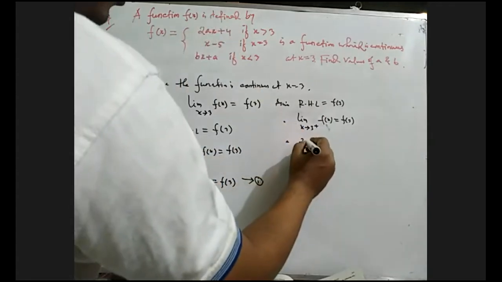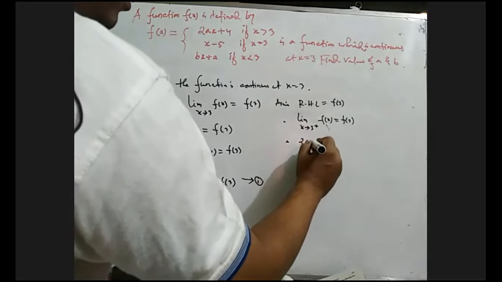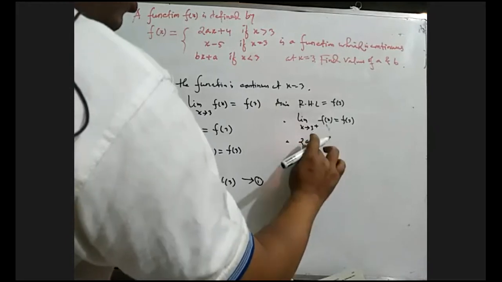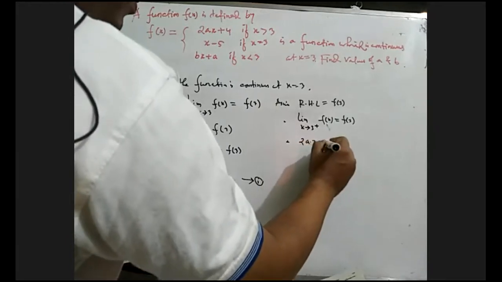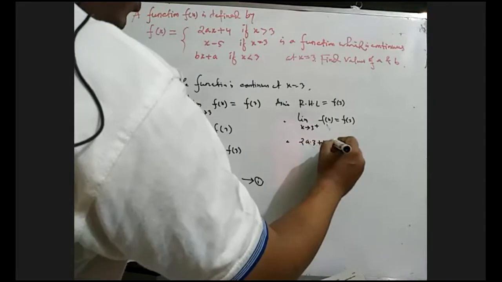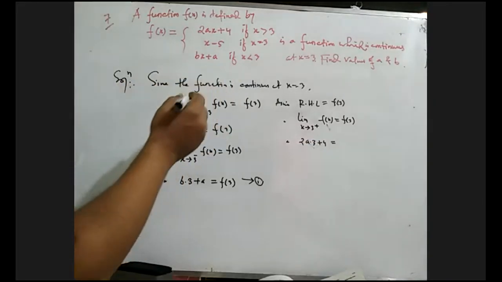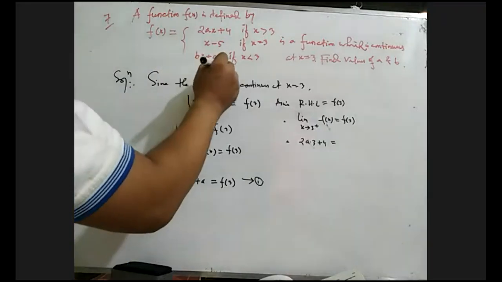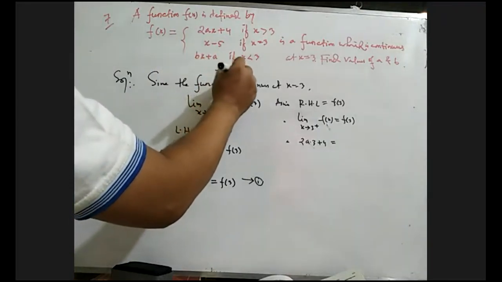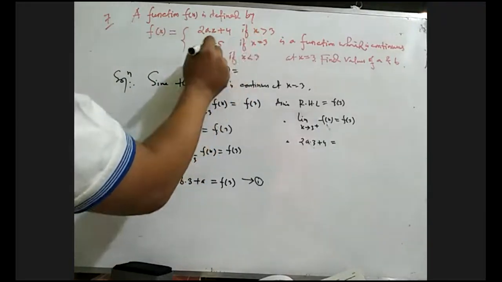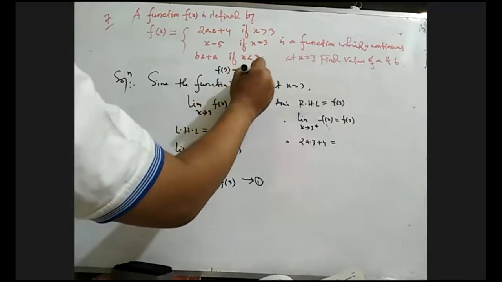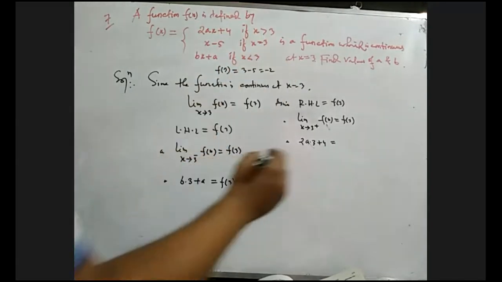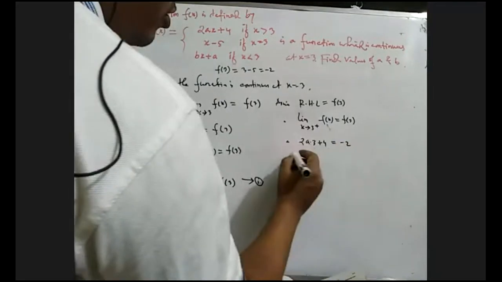So twice 3 plus 4. And f of 3, at x equals 3, is x minus 5, that means 3 minus 5, which is minus 2. So this equals minus 2.